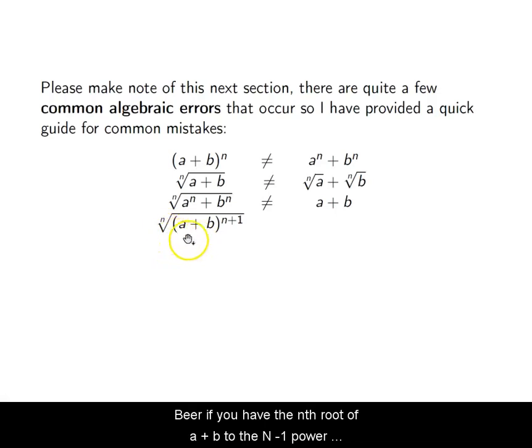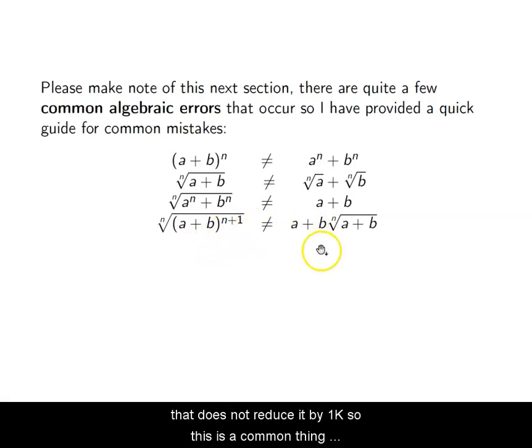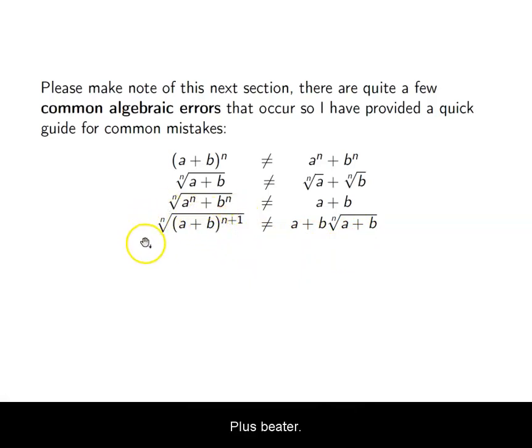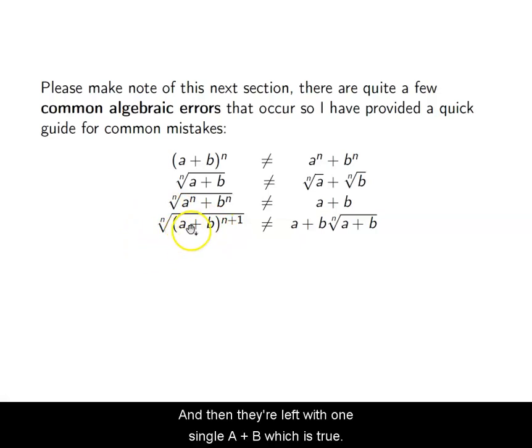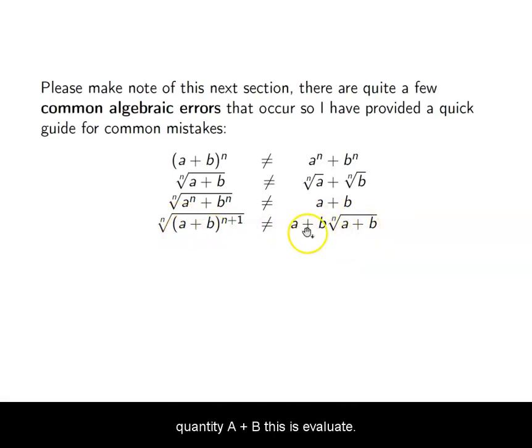Here, if you have the nth root of a plus b to the n minus 1th power, that does not reduce it by 1. This is a common thing where people think that they can pull out an a plus b term, and then they're left with one single a plus b, which is true. The problem here is that you are not grouping together the quantity a plus b.